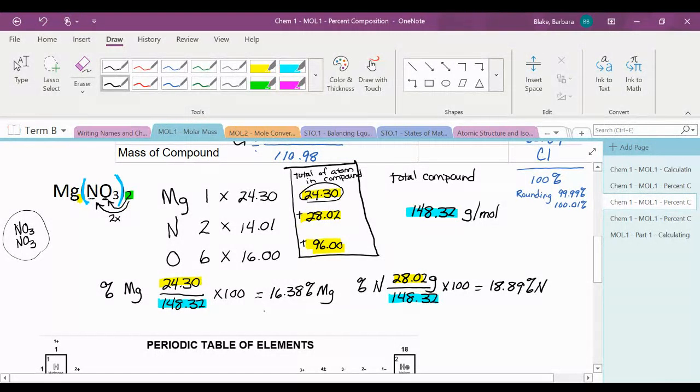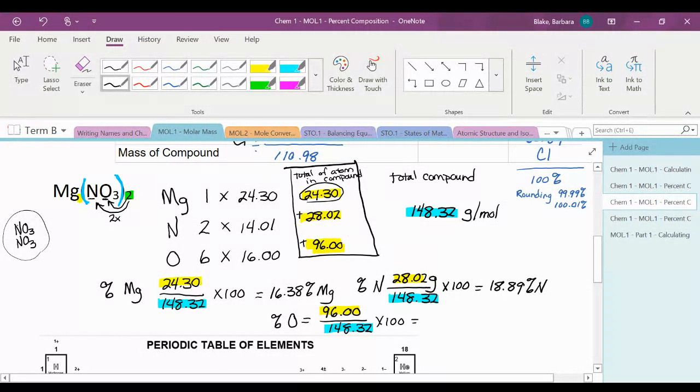And the last part, I need to figure out my percent of oxygen. And my percent of oxygen, again, is going to be the oxygen in the compound. So this is going to be 96.00. I'm going to divide it by the mass of the compound, which is this 148.32. And any percent is going to be times 100.